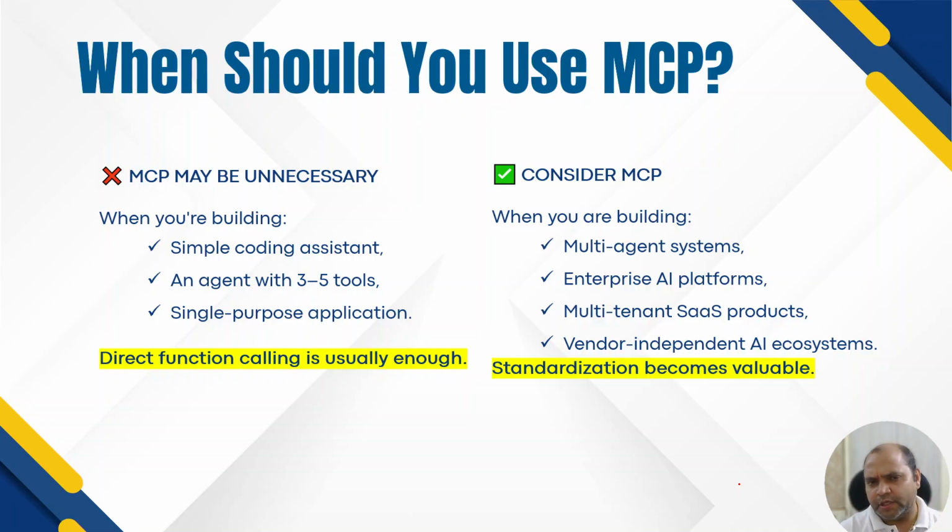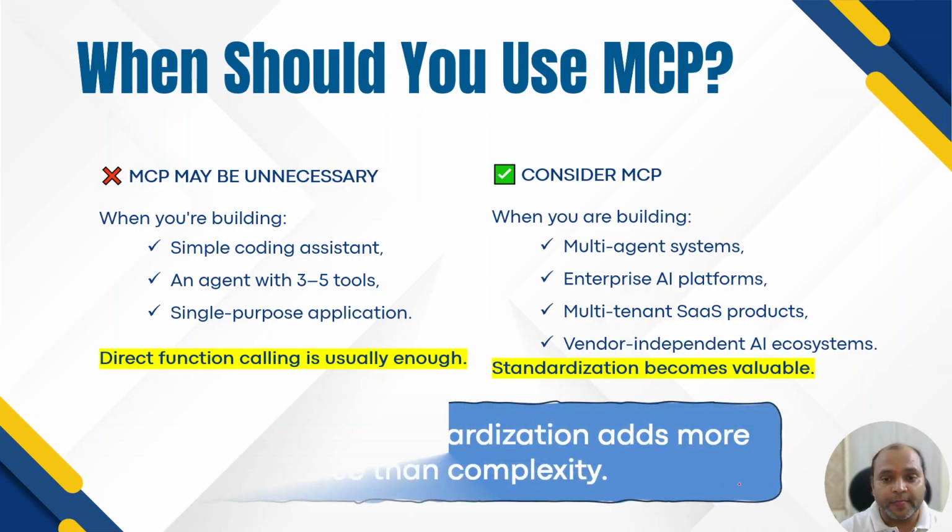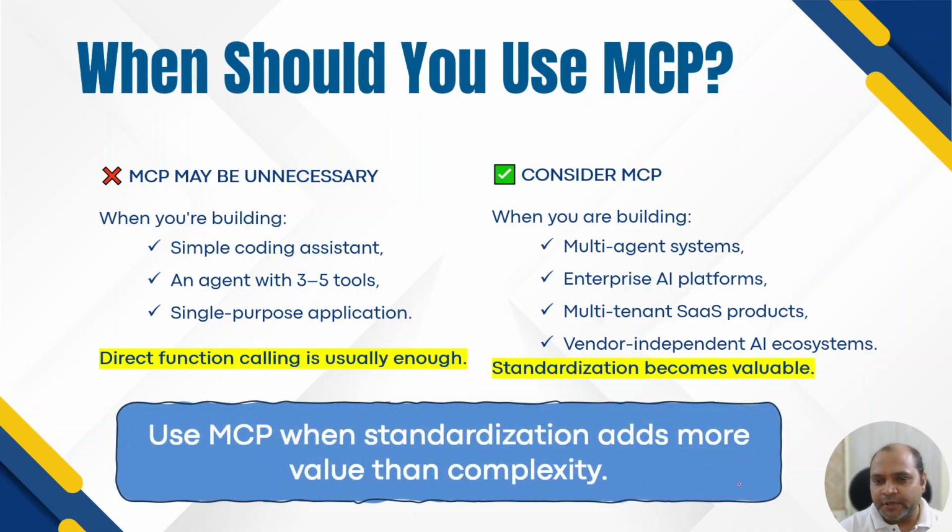Otherwise, you should use function calling directly, because both options are already provided to us, and it is our choice which we use. Use MCP when standardization adds more value than complexity. I think that's a simple statement. Please note it down.